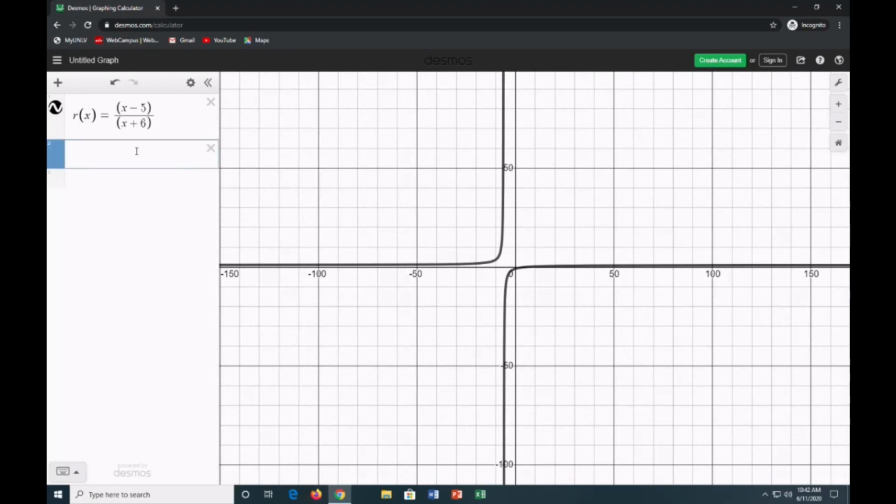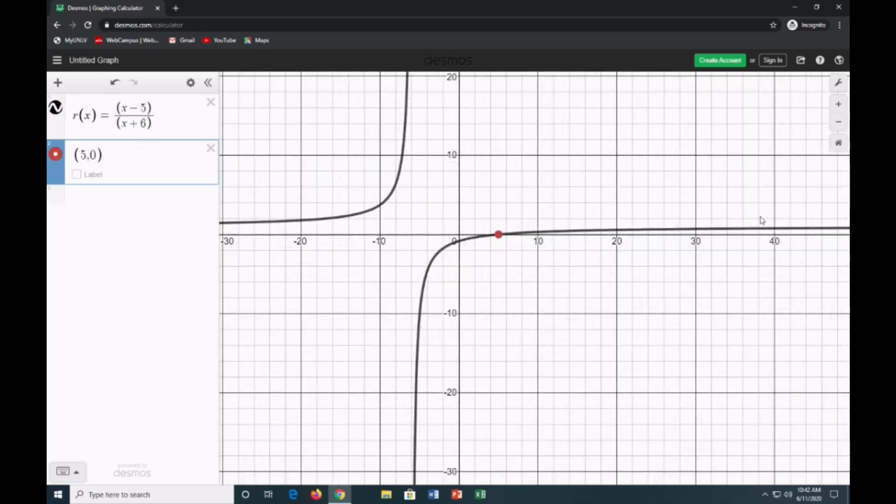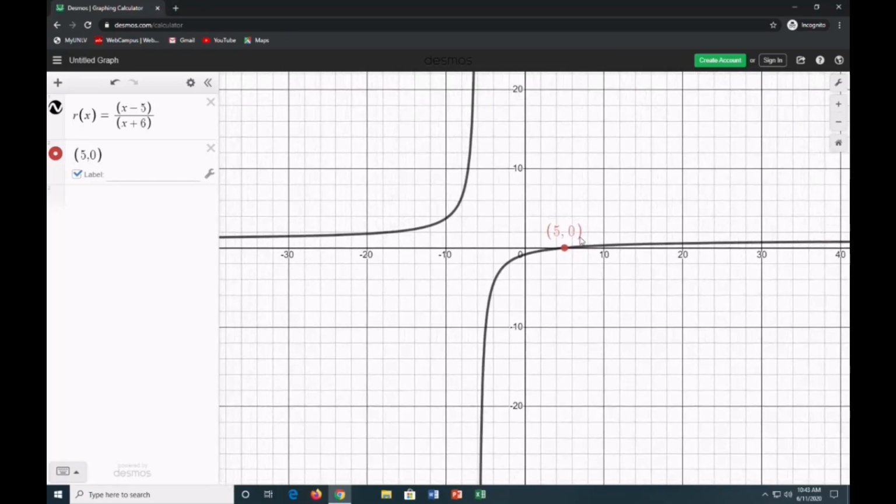So we found that the x-intercept was at 5 comma 0, right? Let's snap to it. 5 comma 0, right there. And let's zoom in on it, right there. You can see that red dot. Let's label it 5 comma 0. Right there we have an x-intercept where the graph crosses the x-axis.